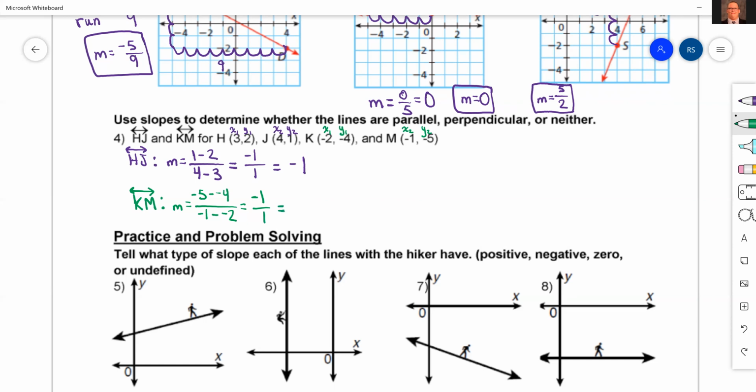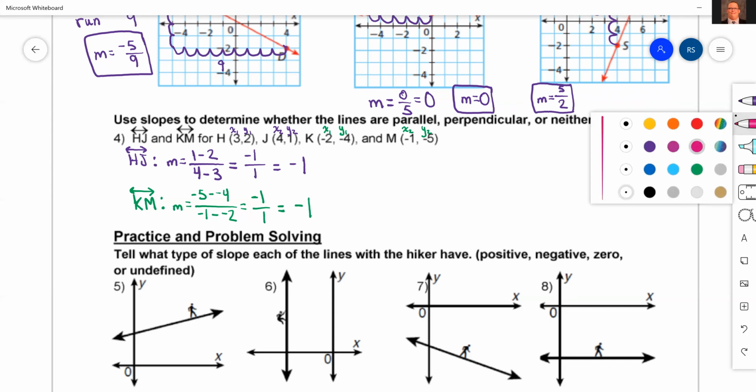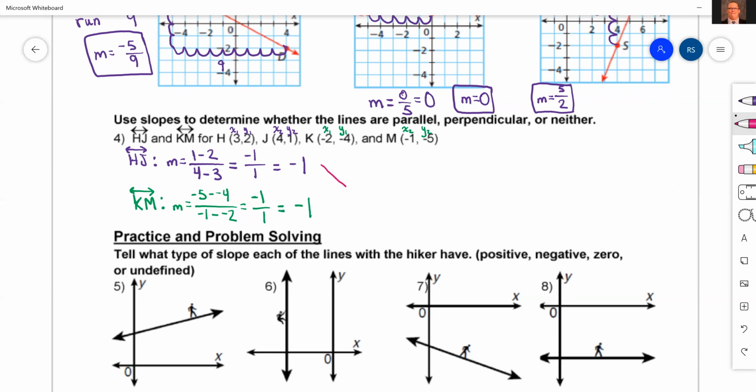So this slope is also going to be -1. Now, when our slopes are the same, what does that tell us about these two? It tells us that these are parallel.